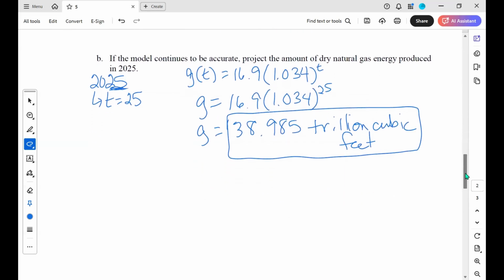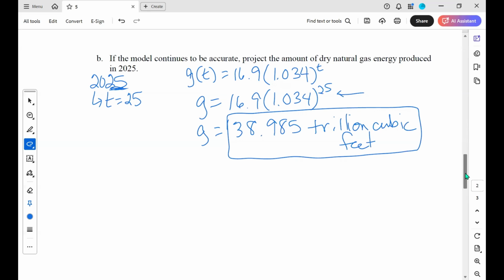Okay. So that's pretty much plug in and chug if they give you that t. If they don't give you that t, then you've got a little bit more work to do, and I'll show you what we're going to do with those. But to start, they give you the t, and so you just plug it in. And like I said, when you get to this point here, you're going to have to use your calculator.